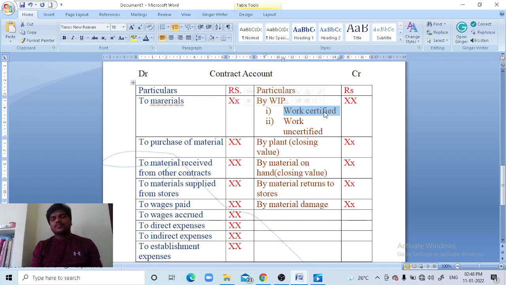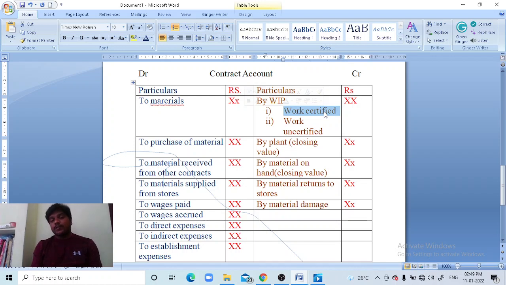For example, a person undertakes a contract work of a road up to 20 kilometers. In the first year, he completes the work up to 10 kilometers, and when the engineer certifies the work, only some of the work is certified and the remaining work is not.